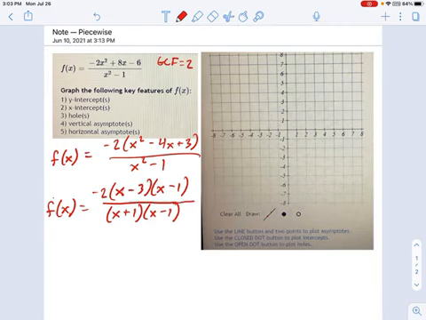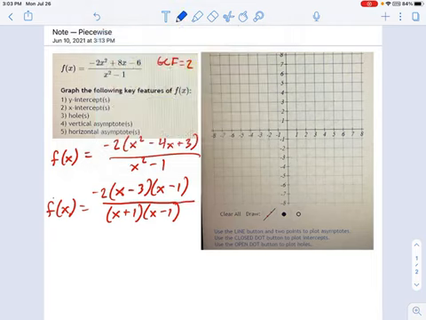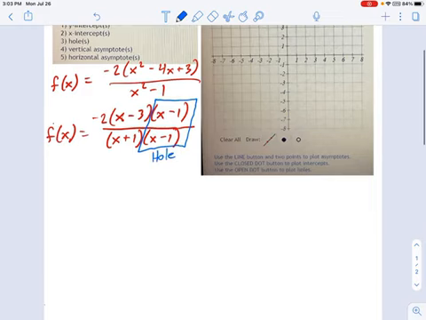Now, we should be able to identify certain characteristics of this function which go on our graph. First of all, let's point out that there is a hole in the function. That is something we can deal with right now. The hole is at x equals 1, and the y location of the hole is given this way: you evaluate f at the location of the hole.